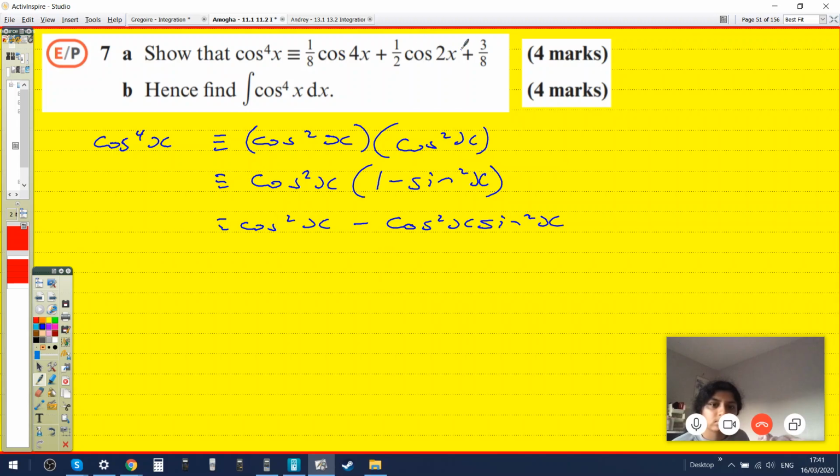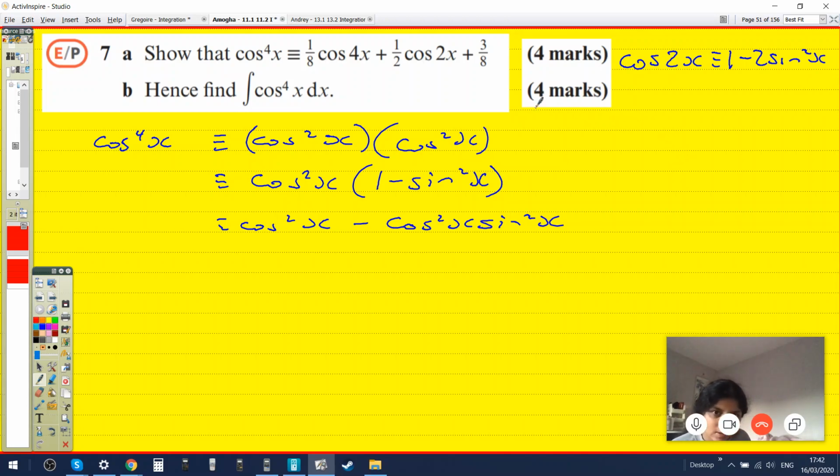Cos 4x, cos 2x. Cos 2x is going to be the same as something. Oh, it wants to show that cos to the 4x is equal to that. I thought it meant the integration of that is equal to that. Never mind.